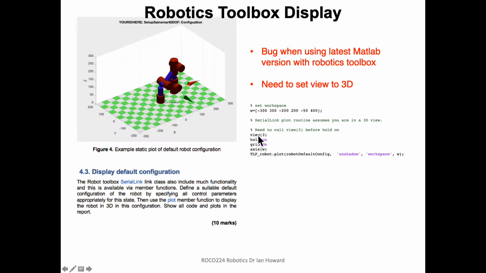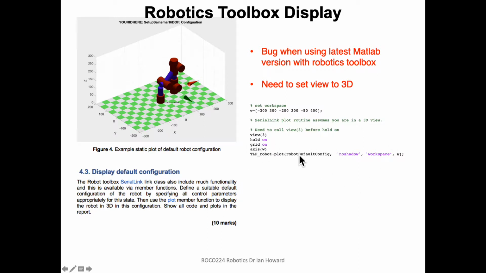The important thing is to set the view to 3D, right? So this is what I always do in front of when I'm doing the plot now. First of all, I set the workspace up, so you say the number of units you're actually going to show in 3 dimensions. You then call view 3, which basically tells the view it's 3-dimensional. And then you can put hold on, grid on, axis, set the axis size, and then you can do your plot.